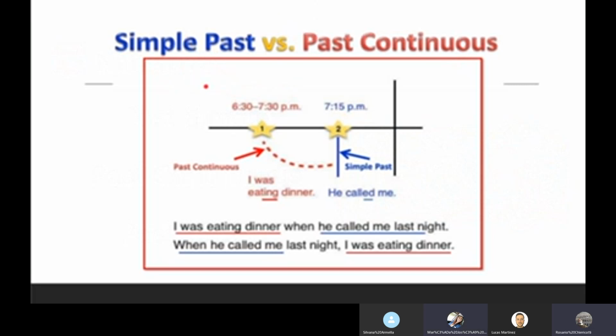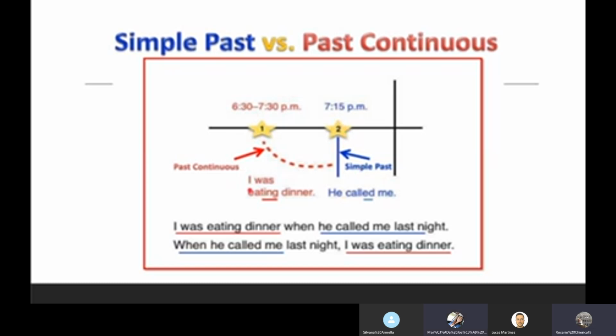So we have here action number 1 and action number 2. Action number 1 was being developed when action number 2 interrupted. Action number 1 is going to be written in the past continuous, and action number 2 in the simple past.